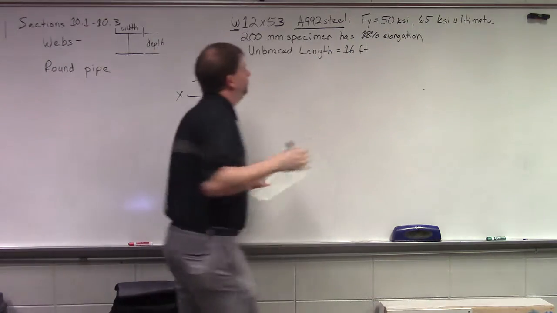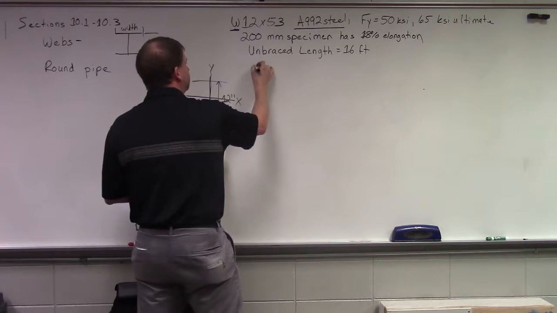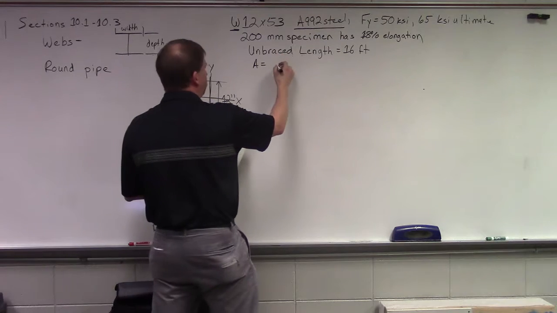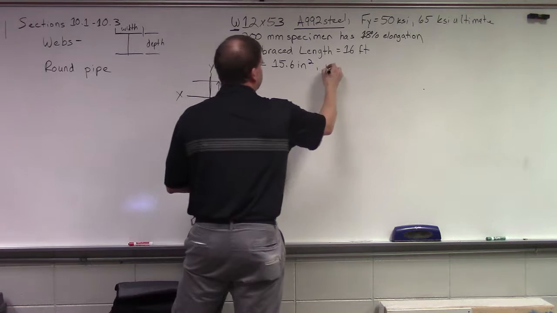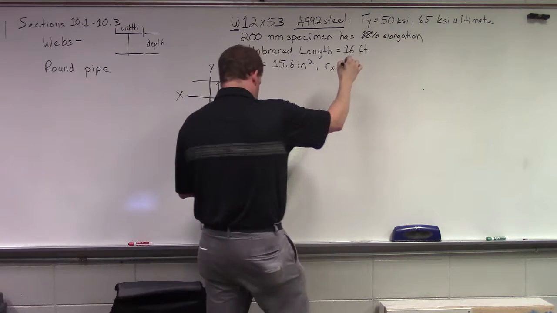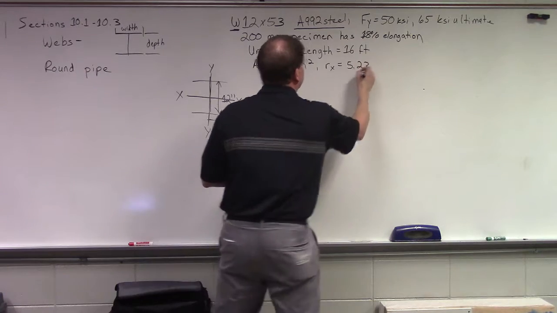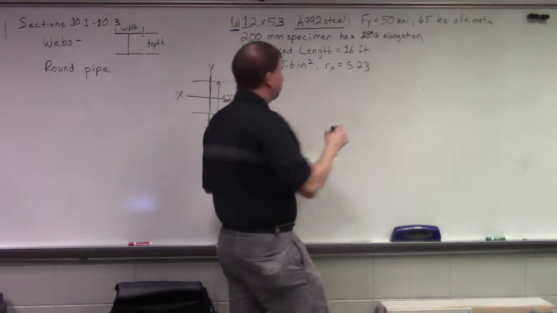We'll keep a 16-foot unbraced length. Our area will remain the same, because we're using the same beam. So we're just changing the system. Our rx and ry will be the same, because we're using the same beam. We're going to change the end conditions.